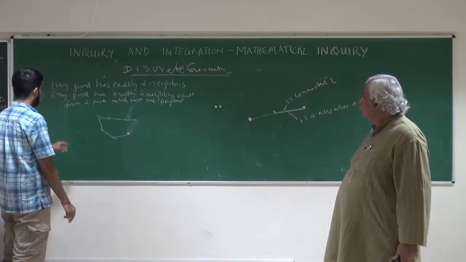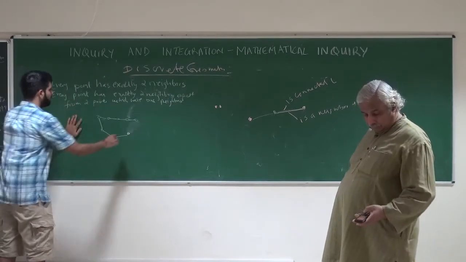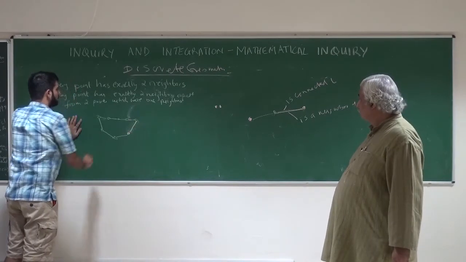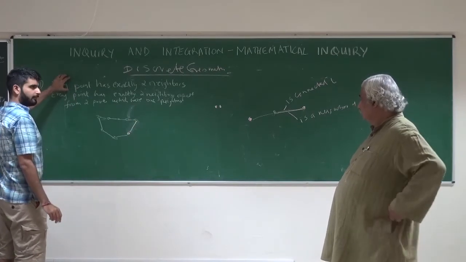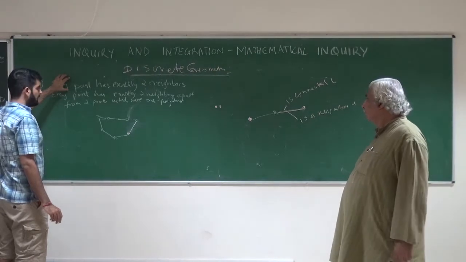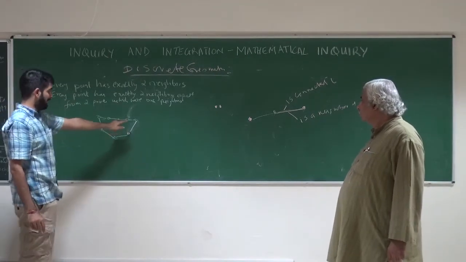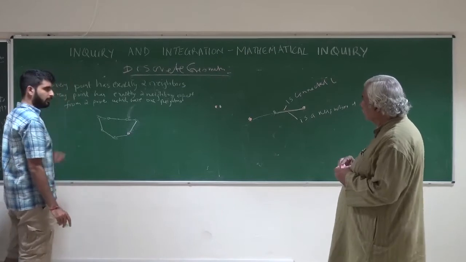So this is an example of that world. If we connect this here, now this is the first world. This is world number 1. And if we remove that connection, then this is world number 2.